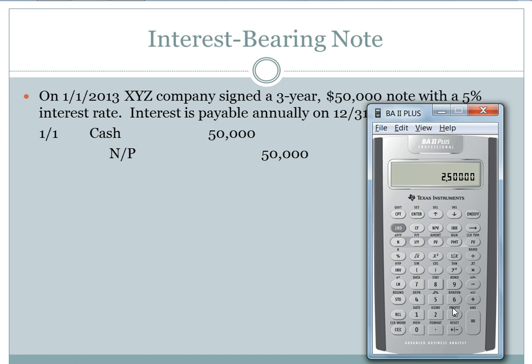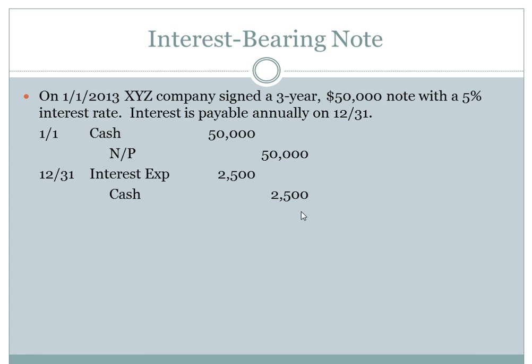For example, if this note had been issued on February 1st instead of January 1st, then the note would have been outstanding as of December 31st for 11/12ths of a year. In this particular case, the note's been outstanding for the entire year, and so I can multiply this thing by 12/12ths, but I'll still end up with $2,500 of interest expense that needs to be recorded this year. And that is going to be paid this year as well.